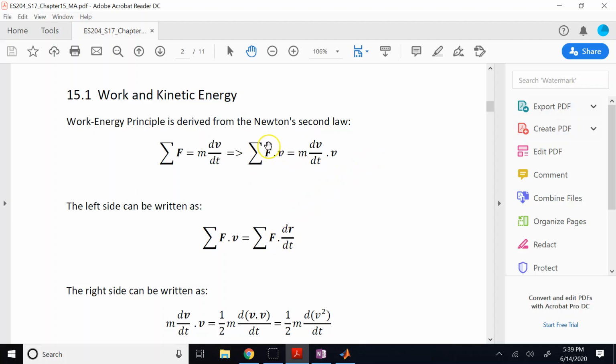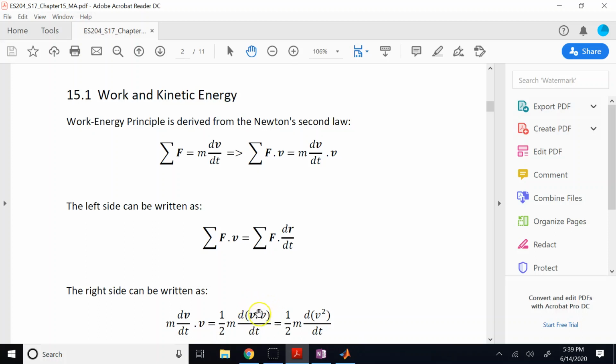First of all, on the left side, for v, I'm going to replace it with dr over dt, okay? Now the right hand side, dv over dt dot v. We know that the dot product has the commutative property, so we can change the order and we're going to get the same thing. And so if I keep this m outside the dot product, I can write dv over dt dot v as 1/2 of d over dt of v dot v, right?